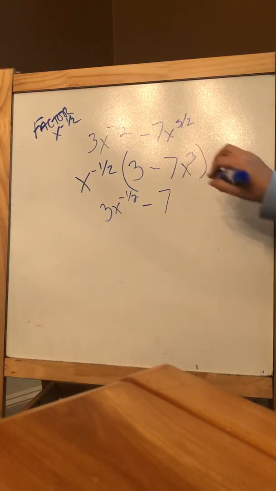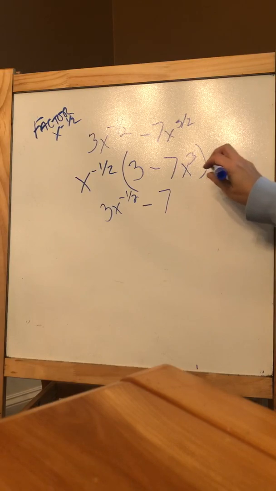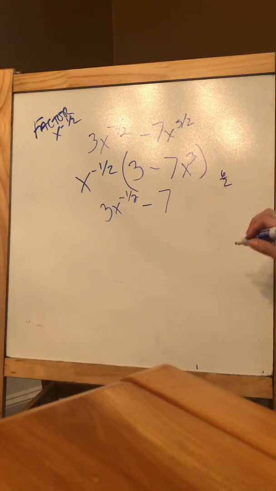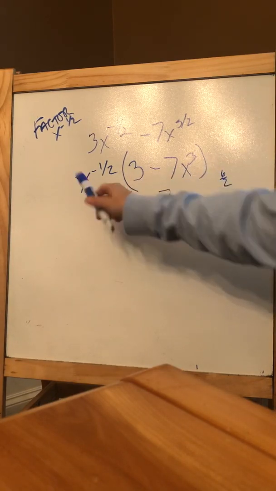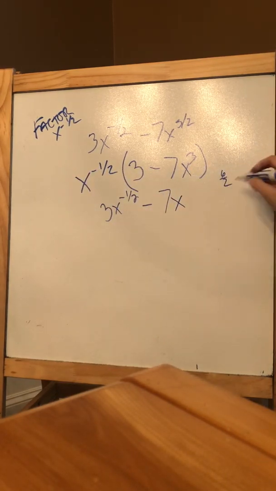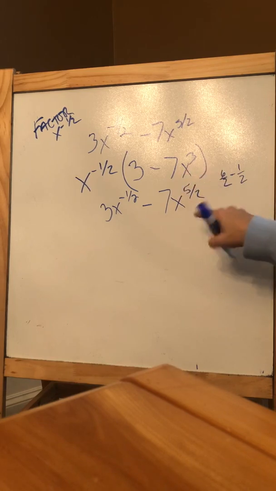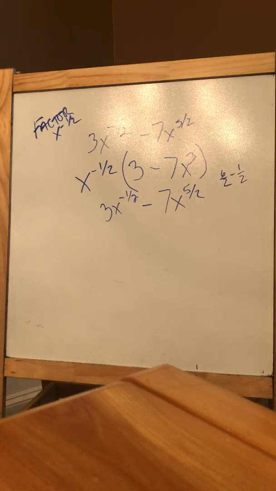Okay, we would have to change this x to the 3rd. It would be 6 over 2, right? So it would change to 6 over 2. So then when we add this, we would have negative 1/2 like this. And 6 minus 1 would give us 5, and that would indeed take us back to this original equation.